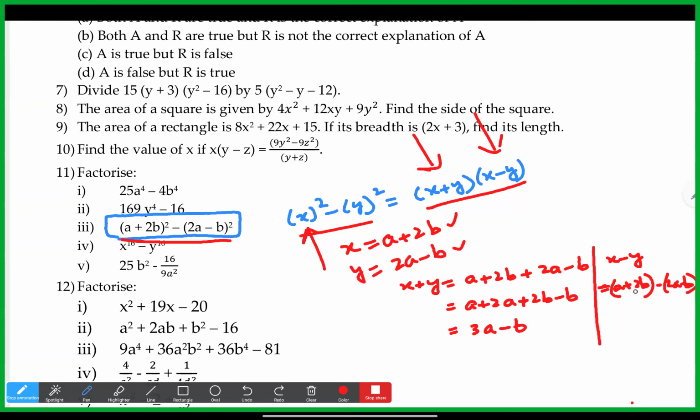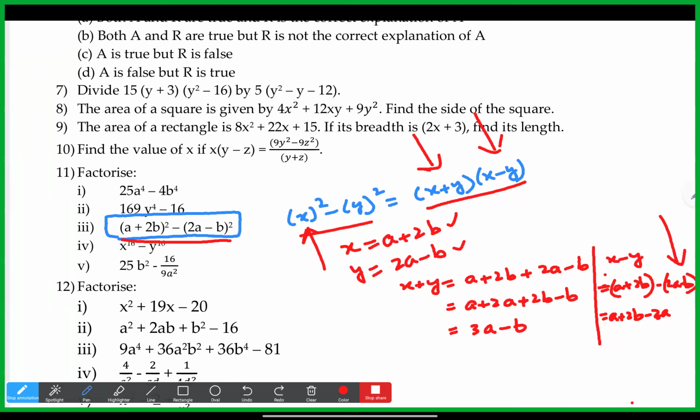So it will become a plus 2b minus 2a, and y is 2a minus b.